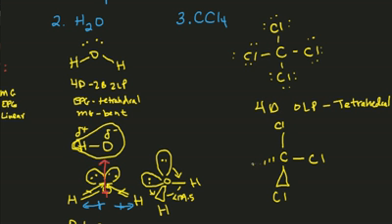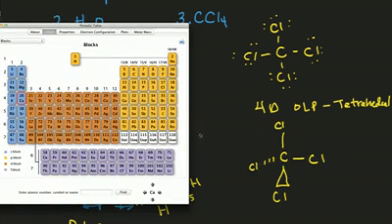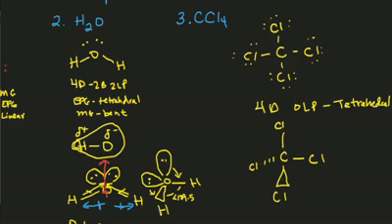Now the problem with this one, even though the carbon-chlorine bond is very polar, if you look at the periodic table, chlorine is a lot more electronegative than carbon. What results is a symmetry because all the bond angles are 109.5.